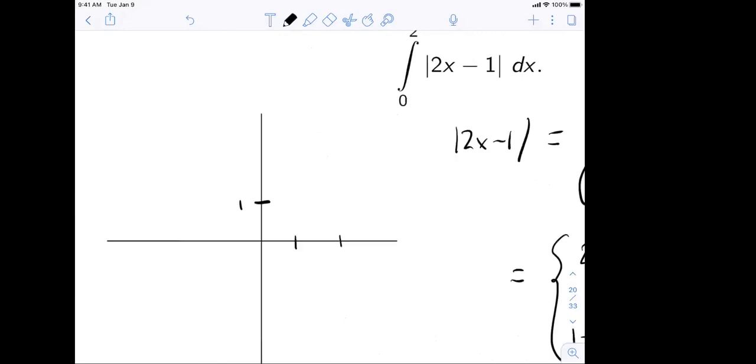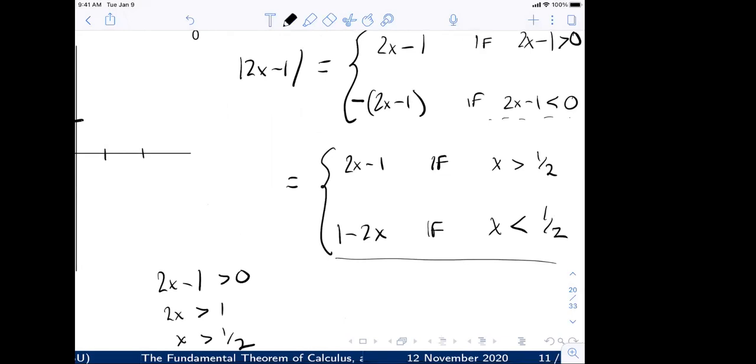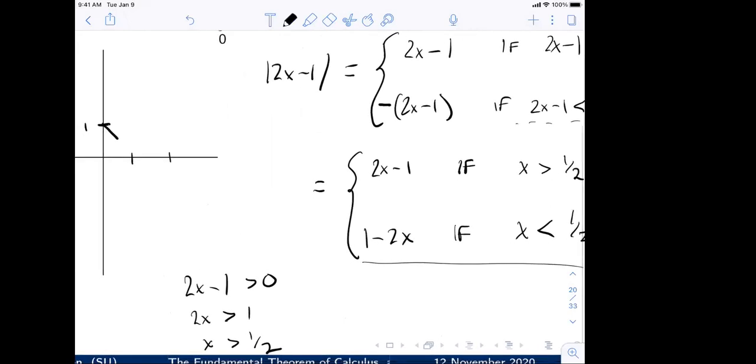And then when you look at the slope, minus 2 over 1, that tells me, sorry, that was x equals 1. So if this is 1/2, there's this portion of the graph between x equals 0 and x equals 1/2.